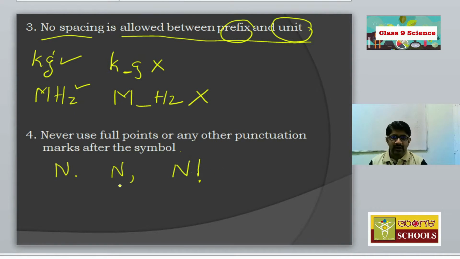Never use a full point after the symbol. If you are using the symbol N for newton, it should be kept like this only. This is the right method. I hope you are following this rule as well.